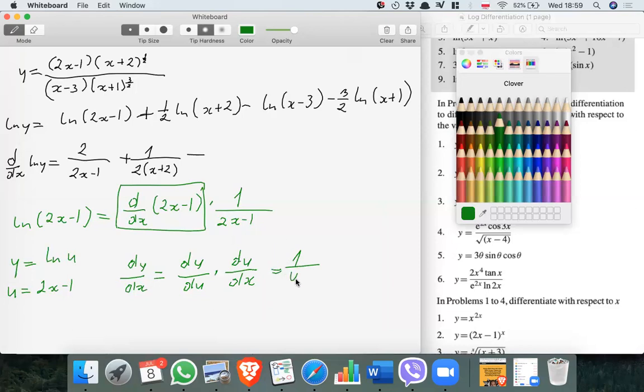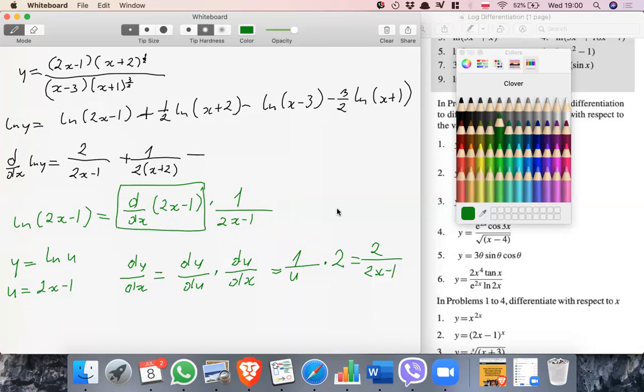So that will be 1 over u, multiplied by du/dx. Function u is 2x minus 1. Derivative of this is simply 2. So then we're ending up with 2 over 2x minus 1. Does that sort of answer the question? Thanks. Okay, I hope it does.